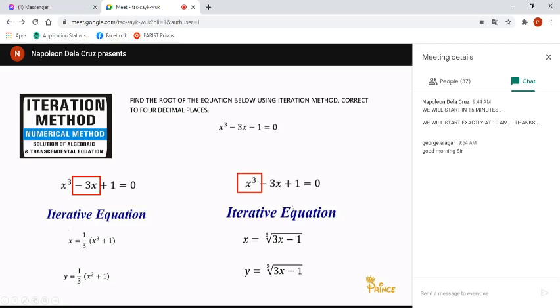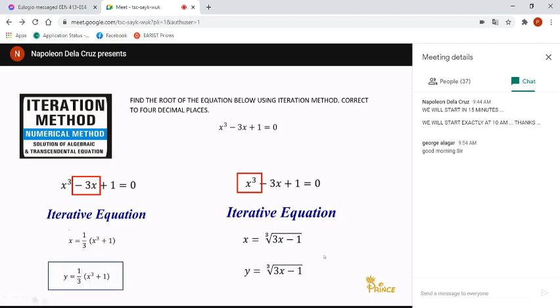Kung gusto ninyo pang mag-iterative equation kayo, so be it. Nasa inyo yon. Kaya nga iteration method. We have series of iterative equation and so on and so forth. Let us apply. For the meantime, we will be discussing this: y is equal to 1/3 x cubed plus 1.